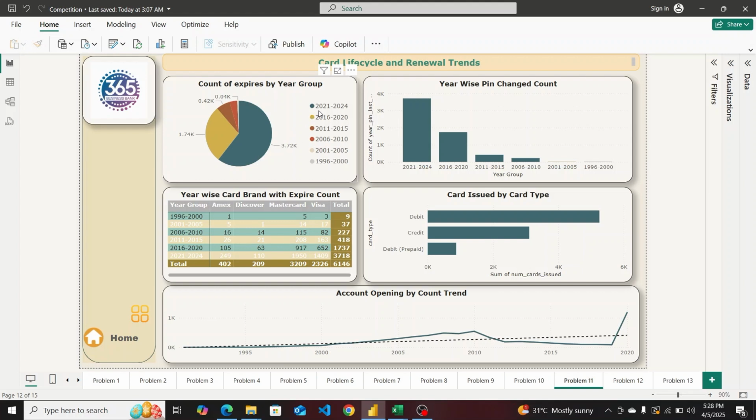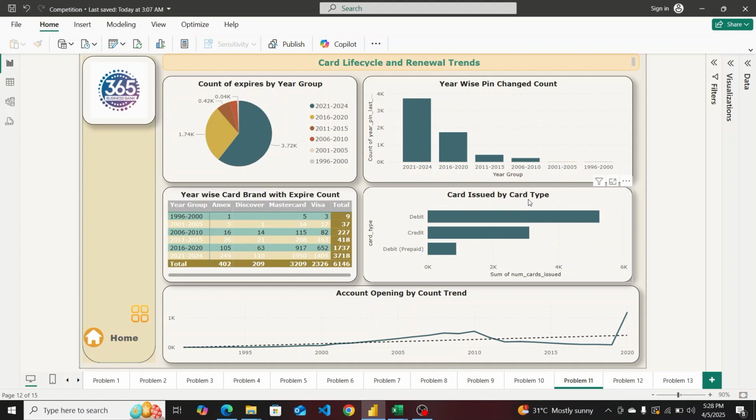In 2021 and 2024, 3,720 cards have expired. Year-wise pin change count: between 2021 and 2024, a large number of pins have been changed. This is the matrix between year-wise card brand with expire count. A large number of cards have expired in 2021 and in 2024.